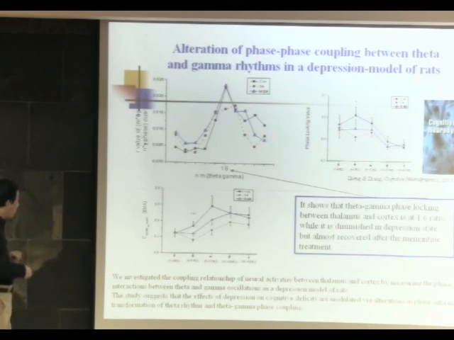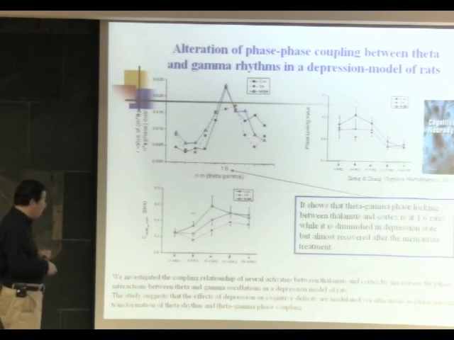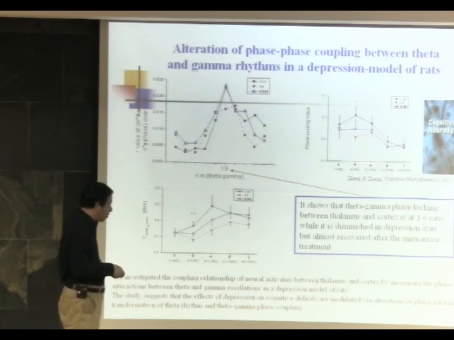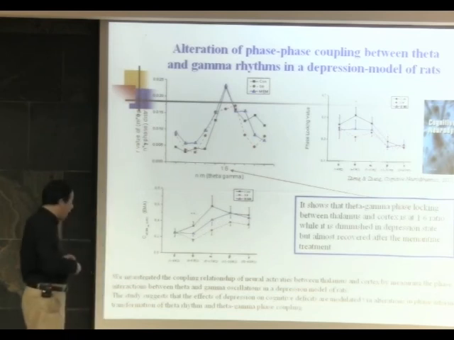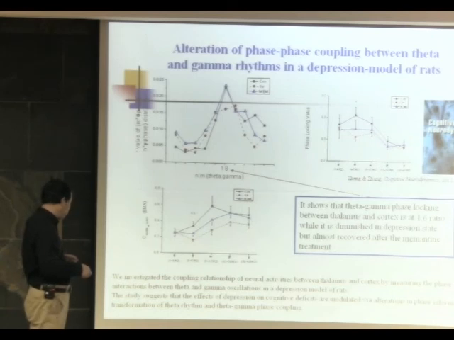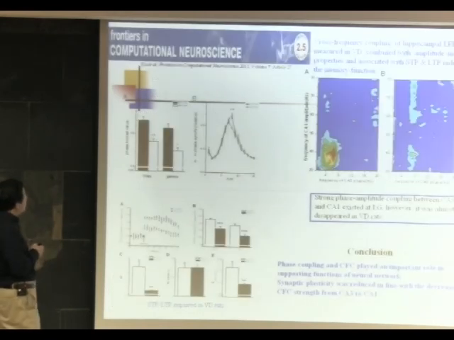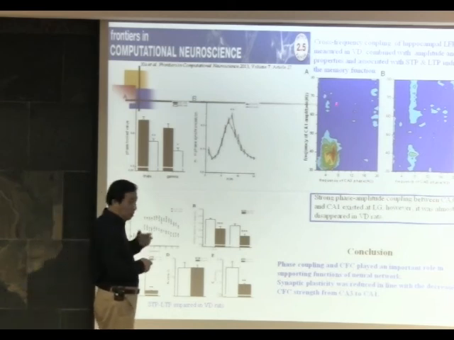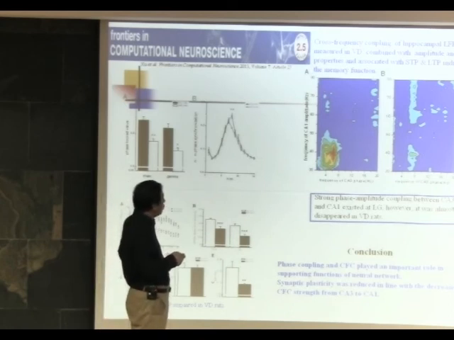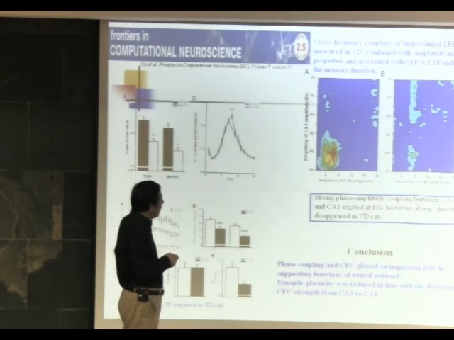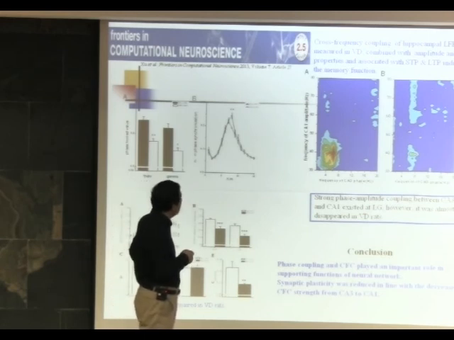So we investigated the coupling relationship of neural activities between thalamus and the cortex by means of phase interactions, the phase interactions between two oscillations in the depression. And this slide shows the cross-frequency coupling of hippocampal local field potential measured in vascular dementia rats, combined with the amplitude and phase properties.